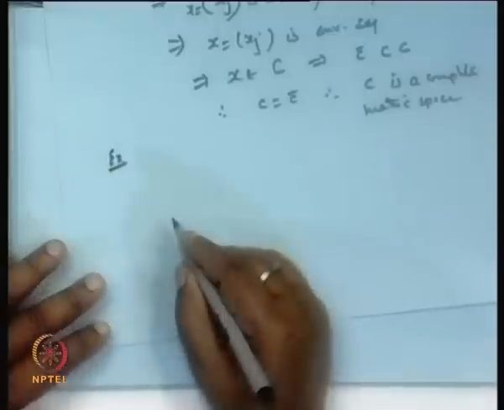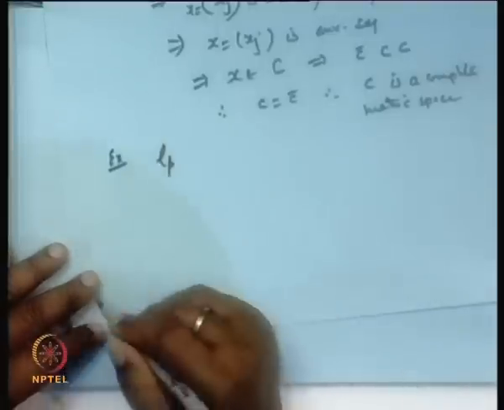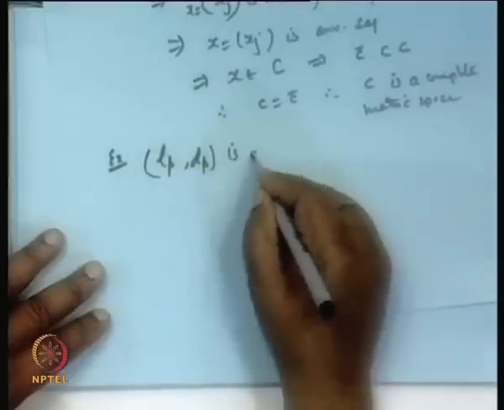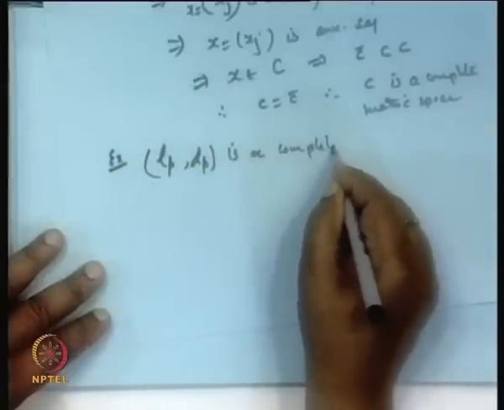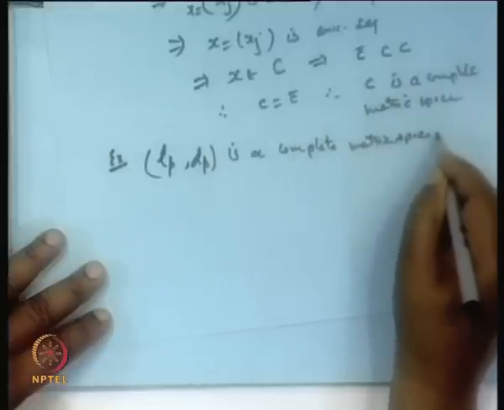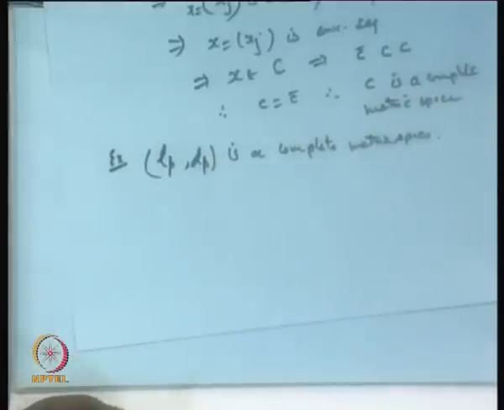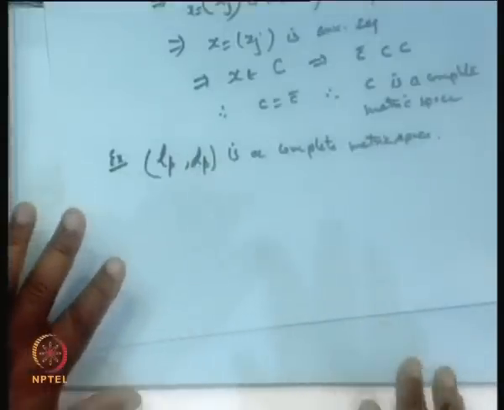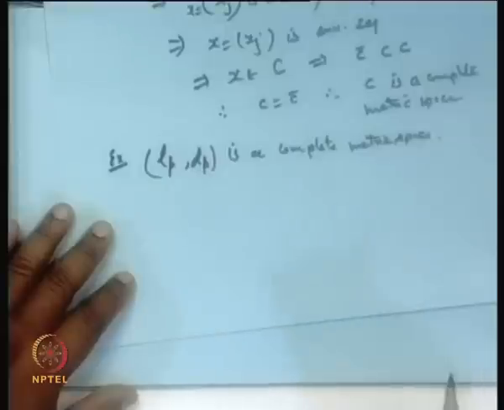Another example which we frequently use is the L^p space. The L^p space under the metric d_p is a complete metric space. The line of proof is almost the same, so I will skip a few parts and show only the portion where it is required.